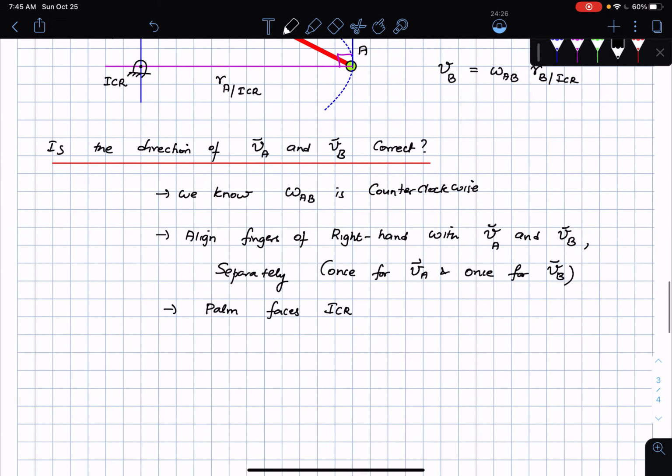Then curl your fingers. What is the direction of your thumb? The thumb direction is the same as the direction of omega AB, which was given to us as counterclockwise. This way I see that the direction of VA and VB is correct.